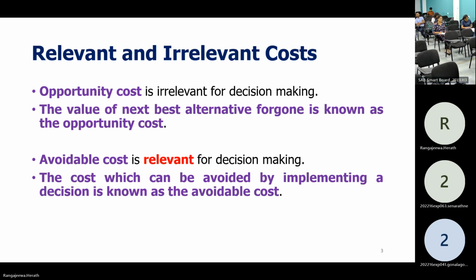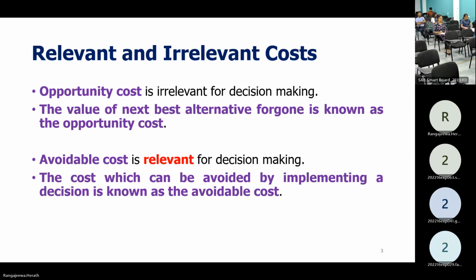Assume that whether you are selling this in the market, or to customer A for 150, or to customer B for 180 after further processing, per unit you have to spend 2 rupees on transport.